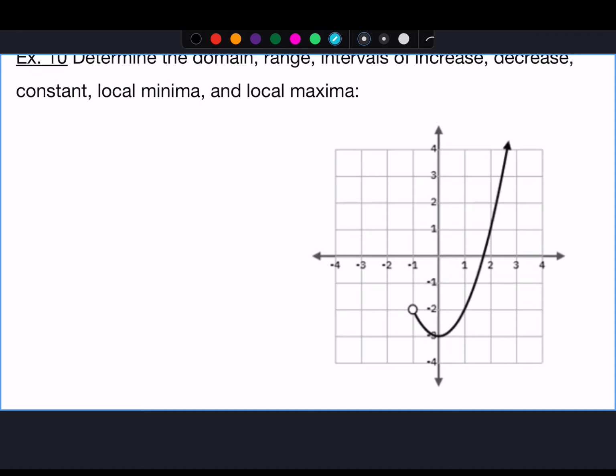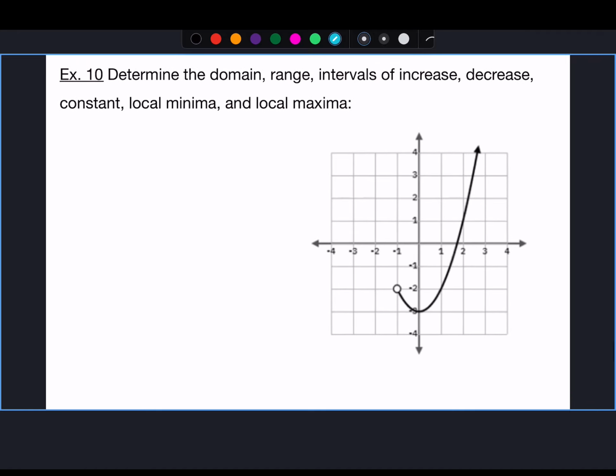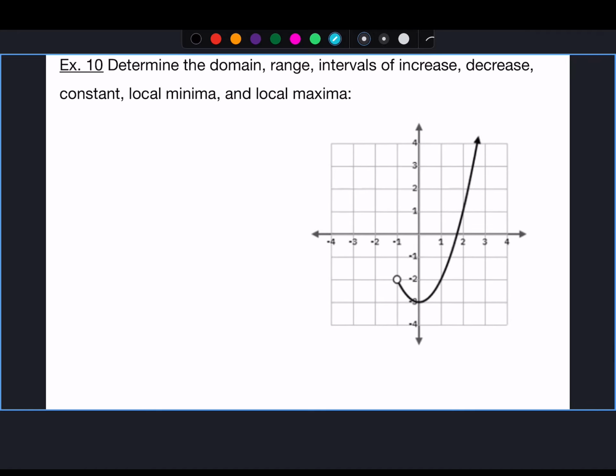Let's start with our domain and range. Can we do that? What color do y'all want me to use? Pink, okay. So our domain, what are our possible x values? -1, not included because there's a hole there, to infinity.